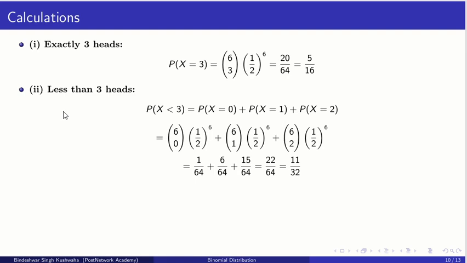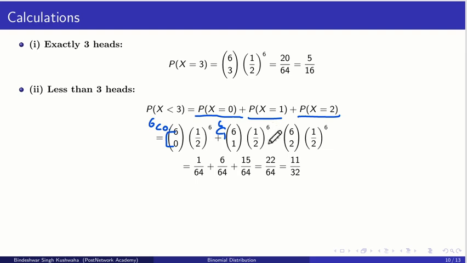For less than 3 hits, you will use x is equal to 0, x is equal to 1, and x is equal to 2. So x is equal to 0 means here 6C0, that term, here 6C1.